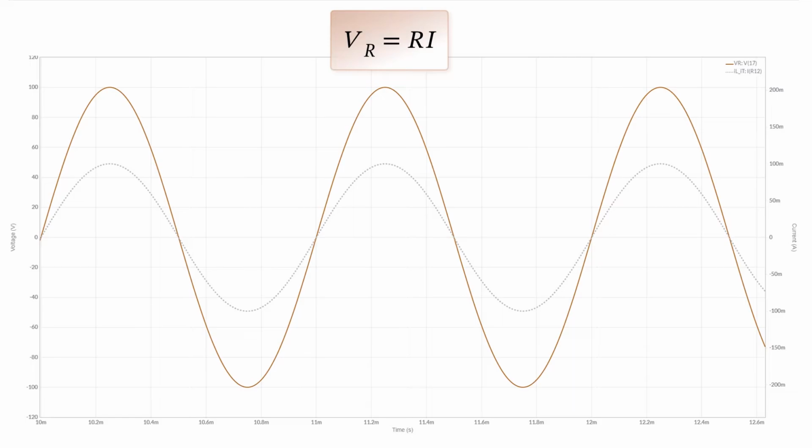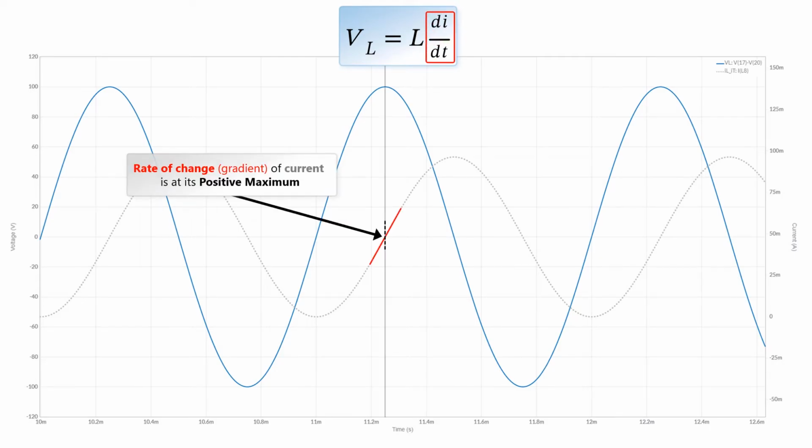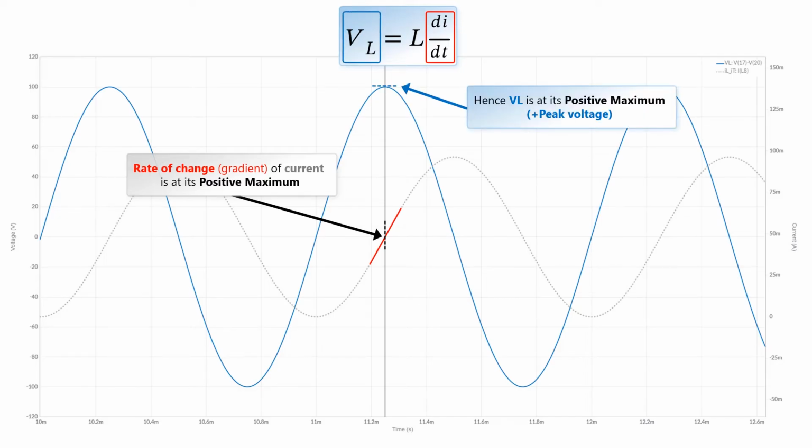For an inductor, it's much different though. We know that voltage leads current, VI, for an inductor, and the voltage across an inductor is equal to the inductance times the rate of change of current. So when the gradient of current is at its positive maximum value, then the inductor voltage must also be at its positive maximum value.